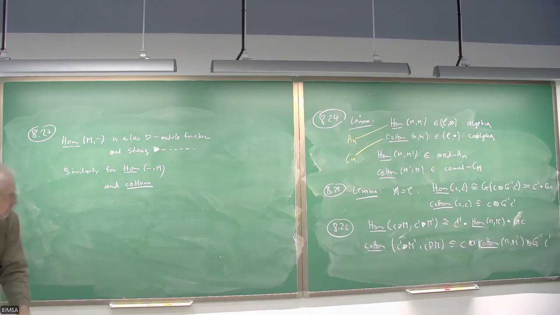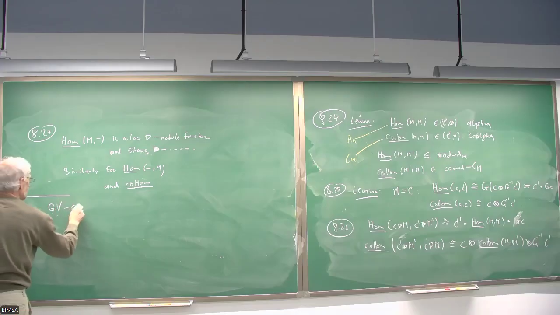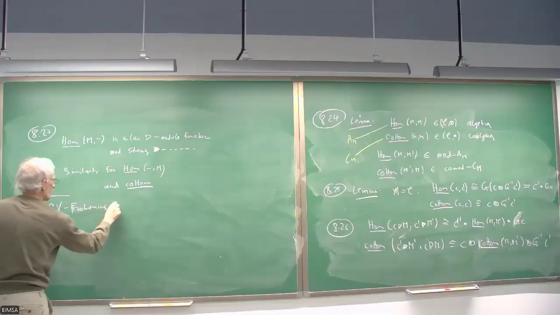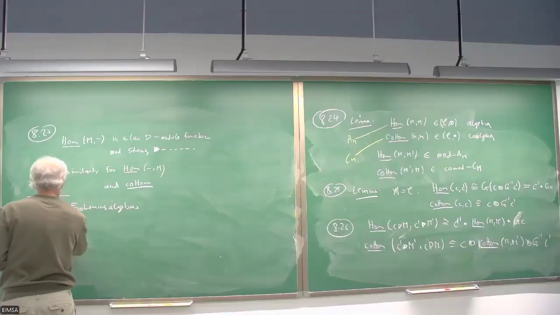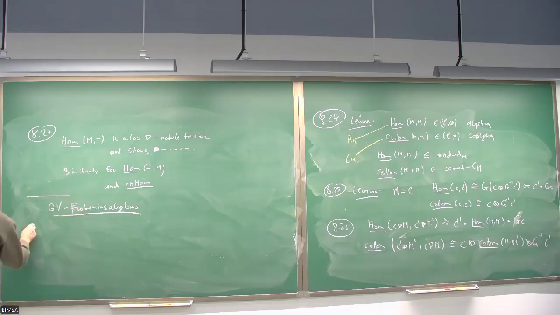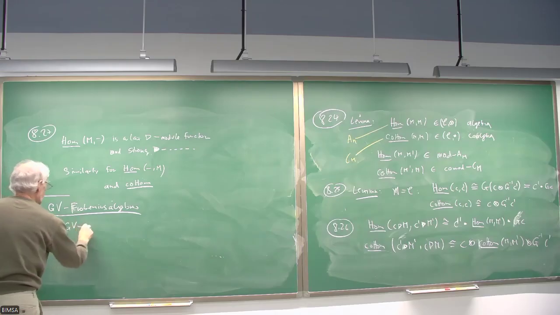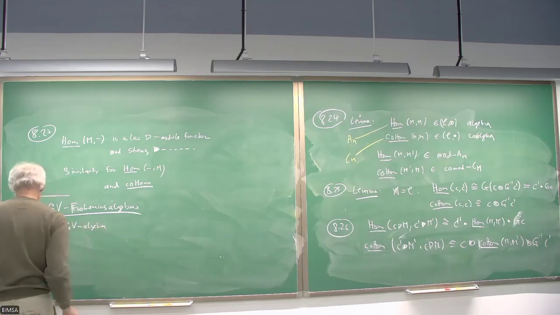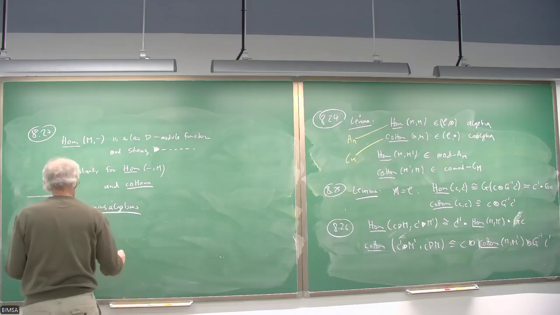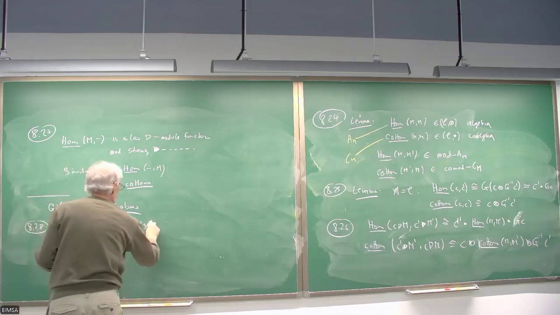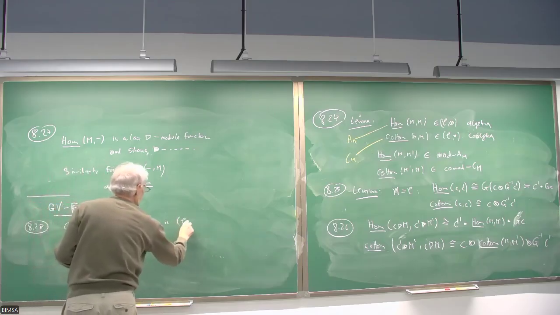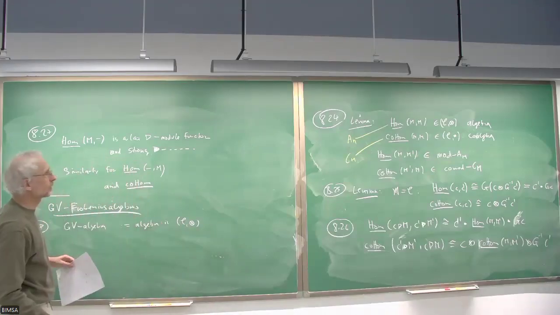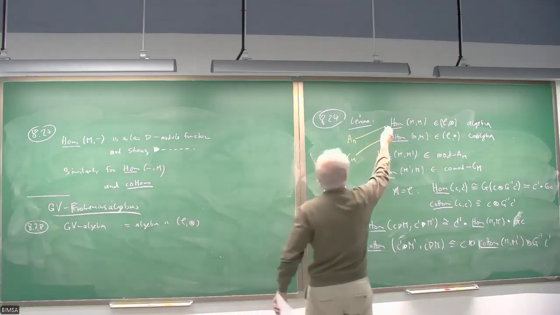So now I'm finally in the position to talk about GV linear algebra. The GV algebra in a Grothendieck-Verdier category is just an algebra in C with the first tensor product, and this is motivated by this result.